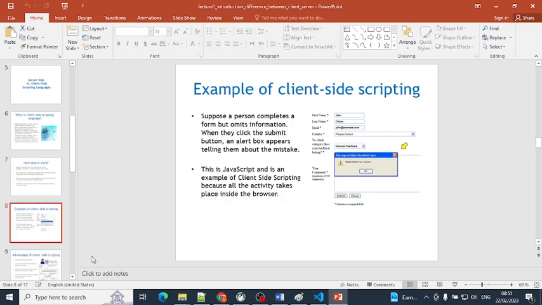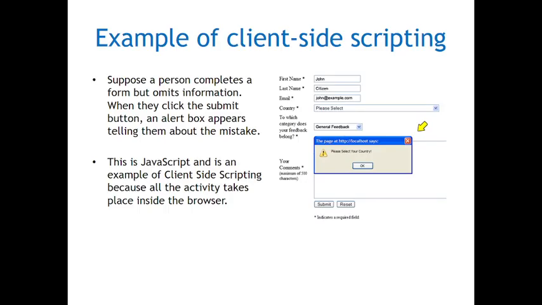Then see, the example is this one. When you make a mistake, see, please select your country. If you forget to select the country here, it will show like this using JavaScript, which is known as your client-side scripting, which is inside your browser.